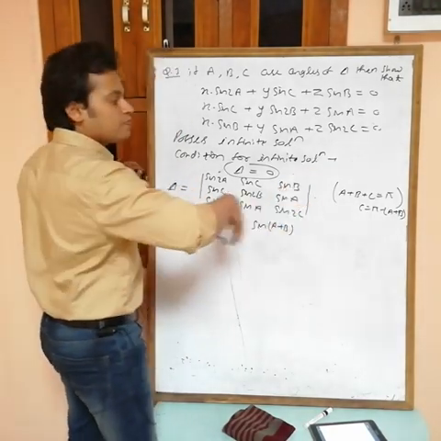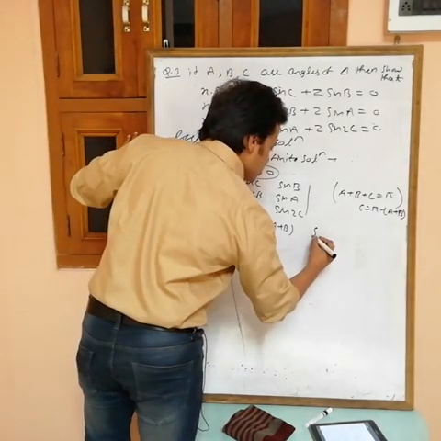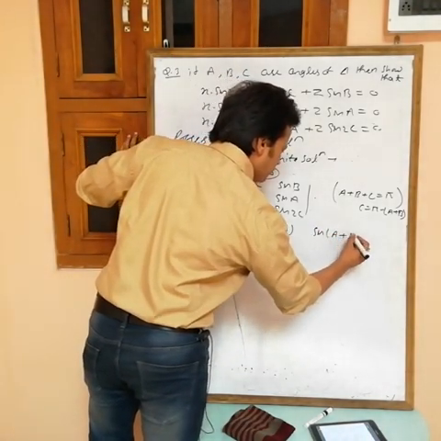Similarly, B can be written as pi minus A plus C. Then sine pi minus A plus C is sine A plus C. Oh, simple.